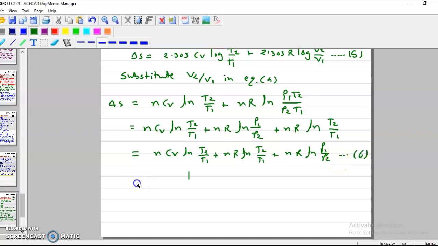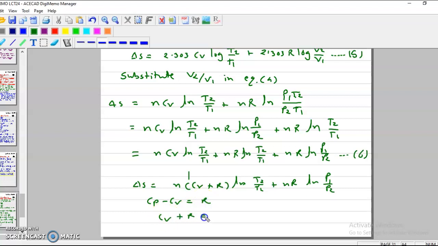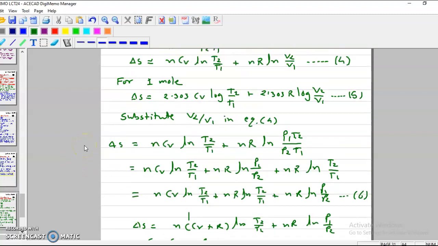Or equation 6 can be rewritten like this: delta S is equal to n (Cv plus R) ln T2 upon T1 plus nR ln P1 upon P2. Okay, and you know that Cp minus Cv is equal to R. Therefore Cv plus R is equal to Cp.